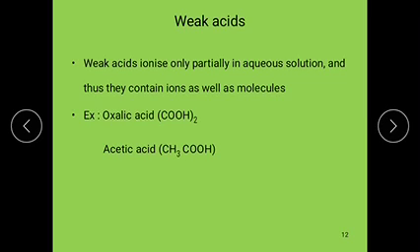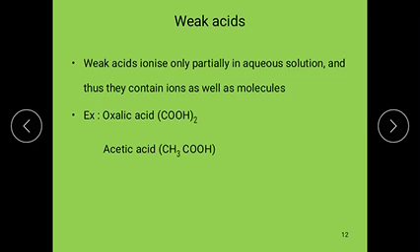Strong acids are the acids which ionize completely and give a large number of ions such as H plus ions. Examples are HCl, HNO3, H2SO4, etc.